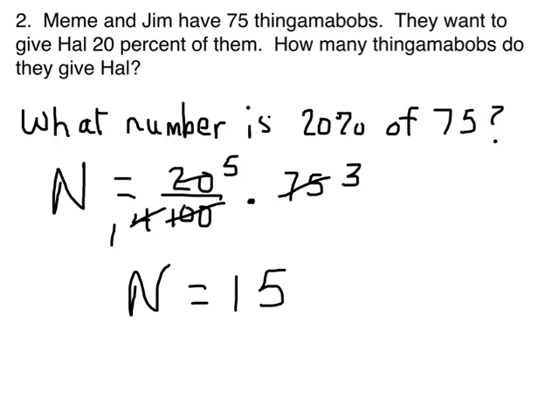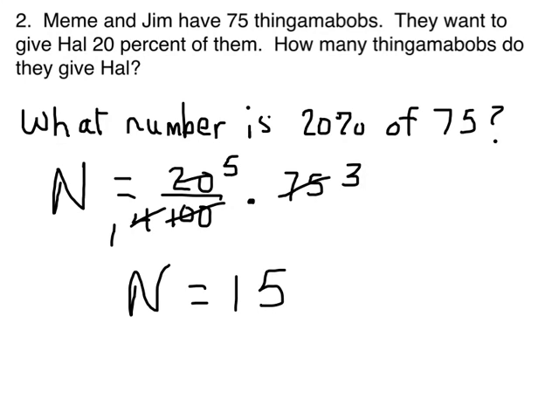Alright, number 2. Mimi and Jim have 75 thingamabobs. You ever seen a thingamabob? They want to give Hal 20% of them. So how many thingamabobs do they give Hal? They have 75 and they want to give Hal 20% of that 75.